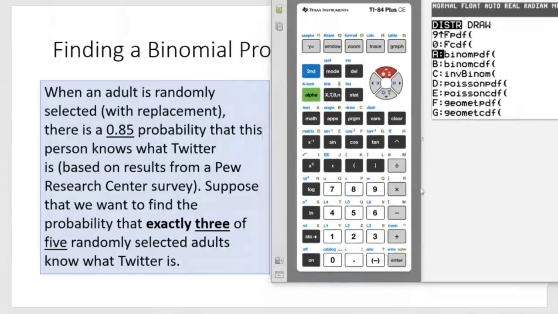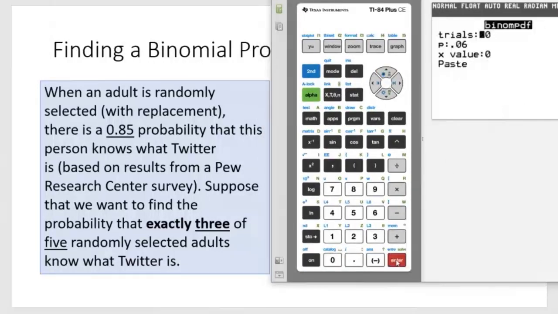Okay? And so when I hit enter there, then I get to the screen where I can enter things about my trials. So we said there were 5 trials because we're going to stop 5 people. The probability that they do know what Twitter is is 85% or 0.85. And I'm looking for the probability that exactly 3 of them know. And that is my P, or my particular value.